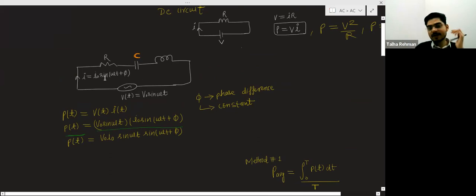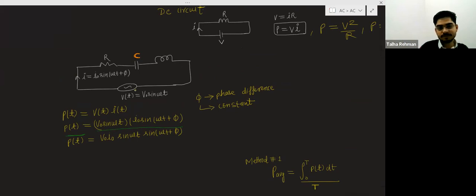But in AC circuit, current is also changing with time, and voltage also changes with time. So what will we do? How to calculate the power? The question is how to calculate the power.